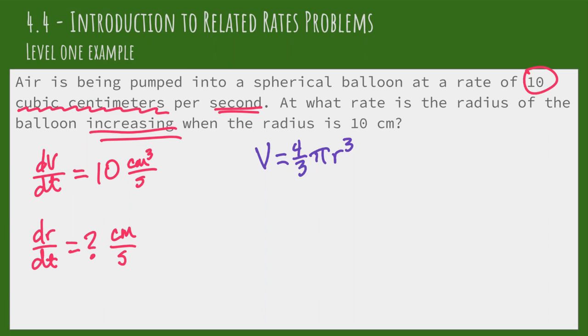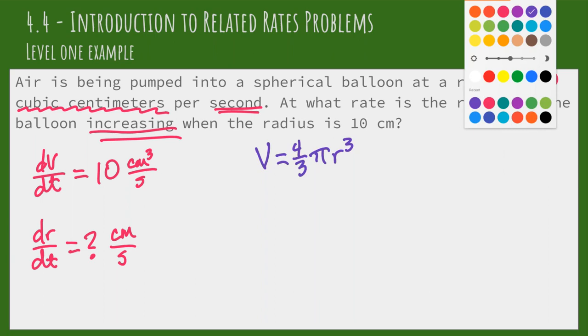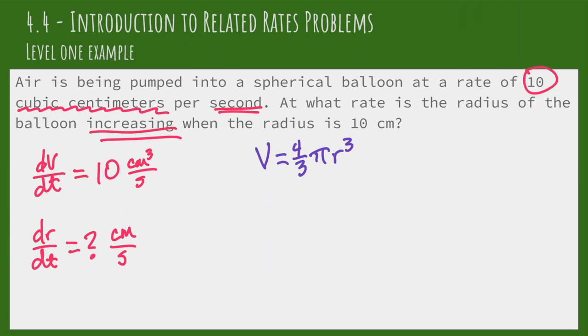And in particular, we want to know how fast things are changing. So we're going to do some calculus on that. We're going to do implicit differentiation and take derivatives with respect to t. So we get dV/dt on the left side equals 4 pi r squared dr/dt. So again, that's using implicit differentiation with respect to time to take the derivative here.